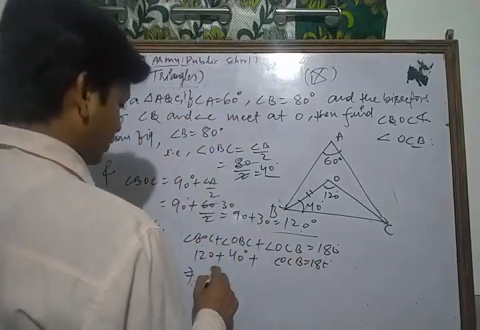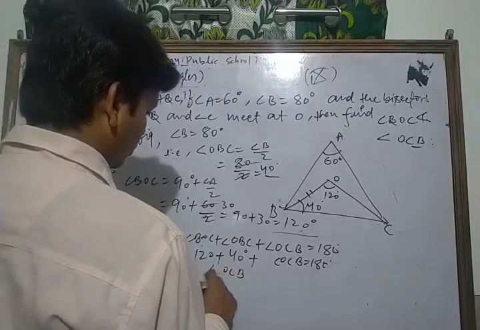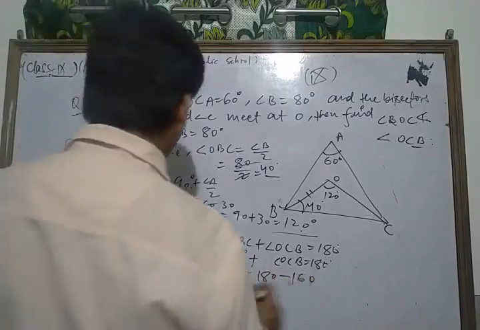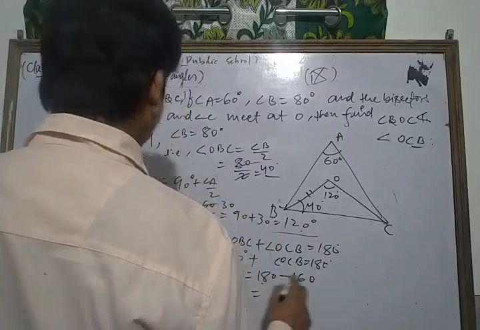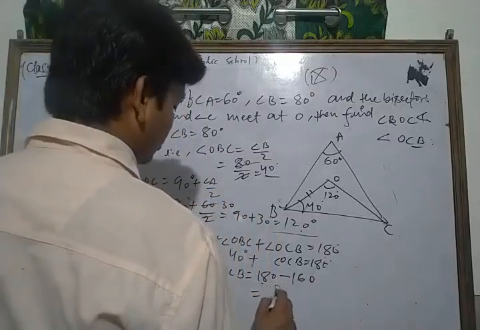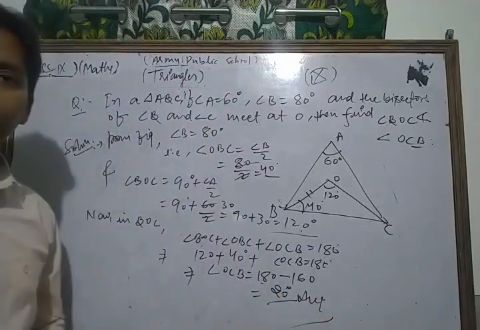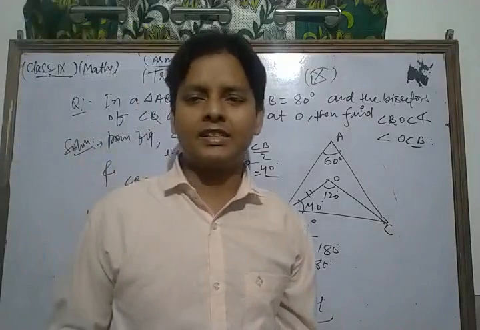Now from there angle OCB is equal to 180 minus 160, which is equal to 20 degree. Thus the value of angle OCB is 20 degree.